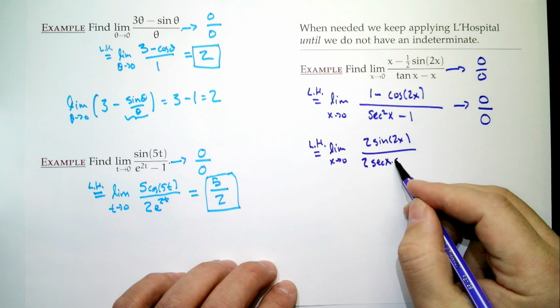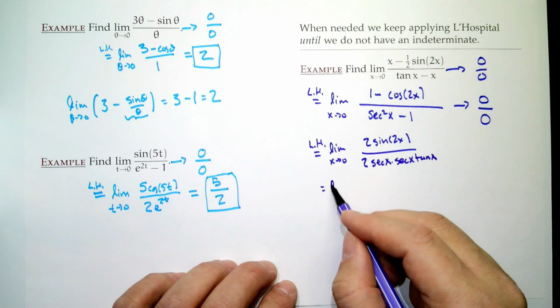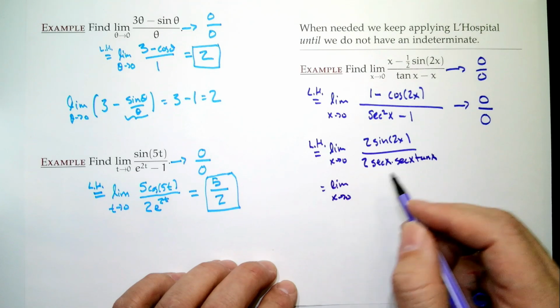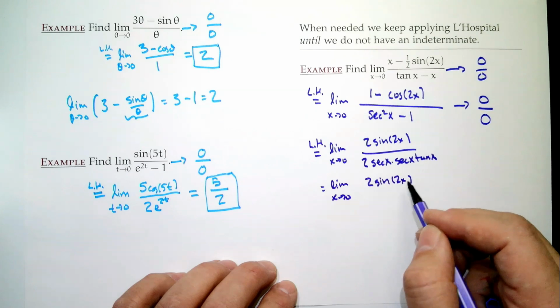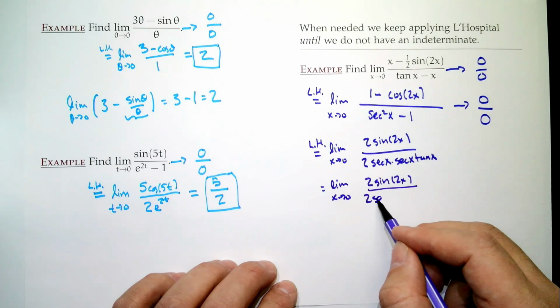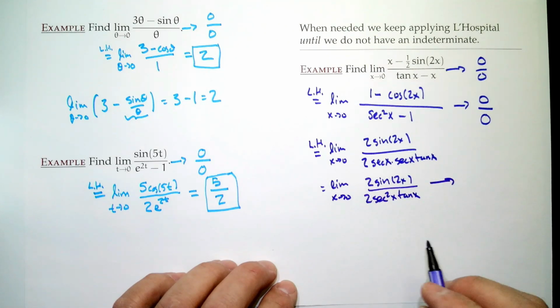So times secant x tangent x. Okay, I'll clean that up a little bit downstairs just because I see there's 2 secants. We might as well put those 2 together. 2 sine of 2x divided by 2 secant squared of x tangent of x. Now, what does the top go to?